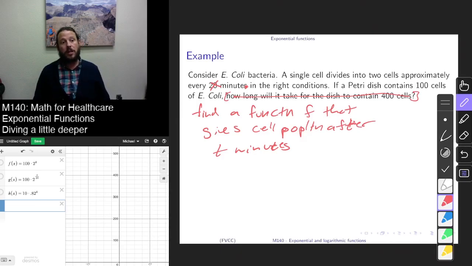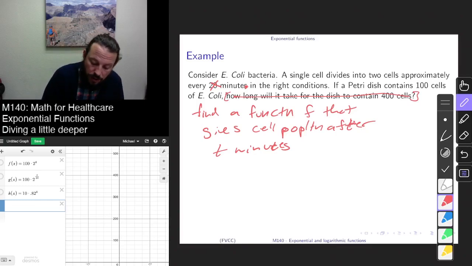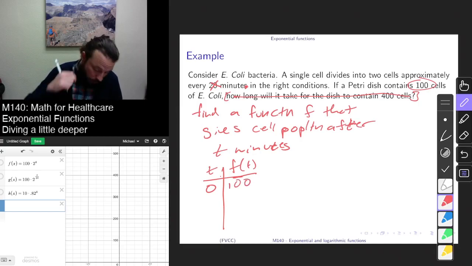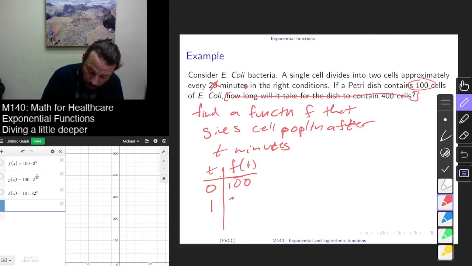Now, notice the cell divides into 2 cells, so it means that they are doubling, or another way to say that is they are increasing by 100% every hour. The population increases by 100% of what's there every hour. Here, though, we have to be careful because at t equal to 0 we have 100 cells. When t equals 1, it's going to double, 200.